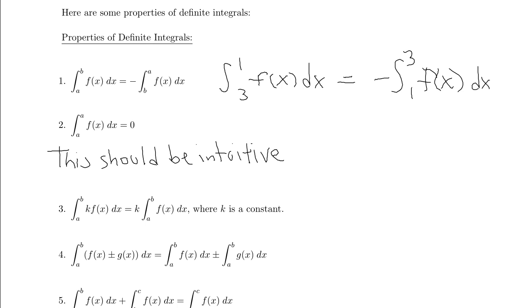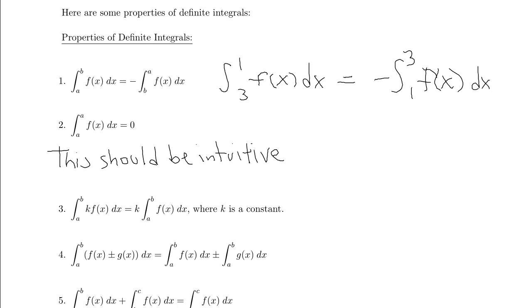And the reason it should be intuitive is because the definite integral represents the area underneath the function between those two bounds. Well, the area between a and a is, we're talking about the area under a point. And the area under a single point, there is no area of that, right? It would just be a line.